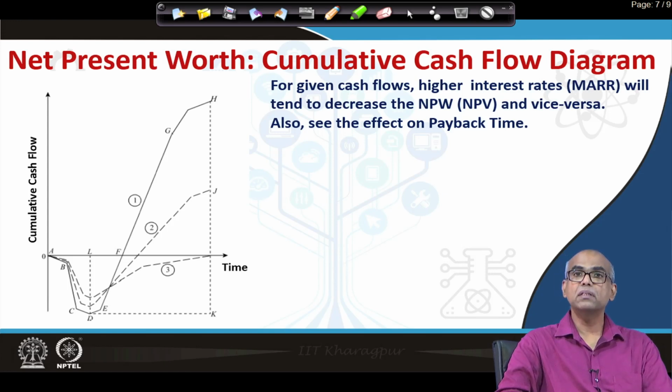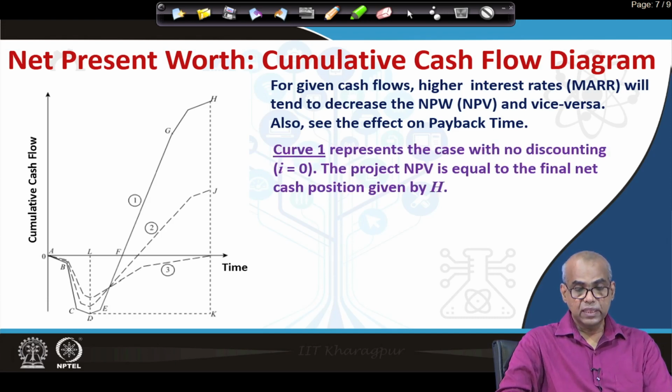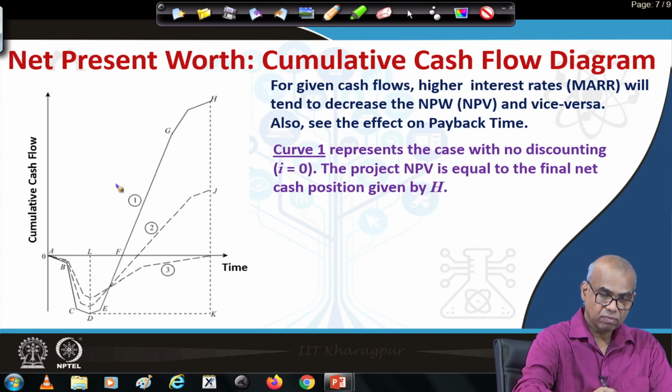Sorry, if the rate of interest increases, the NPV will decrease. So, if you go on increasing the interest rate, the NPV can be negative. Now, there are 3 curves: 1, 2 and 3.